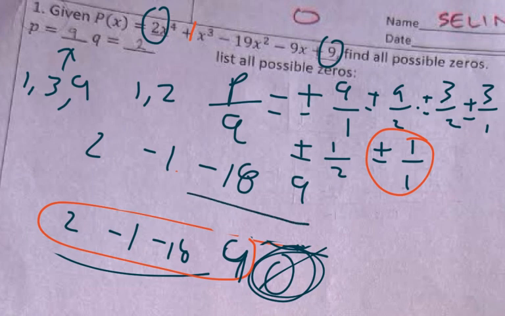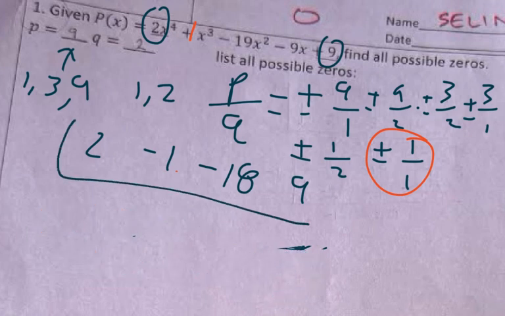Okay, so now let me just set it up here. So now we already know that negative 1 is a root. Now, because the power is 4, there should be 3 more, total of 4 roots, right? So what should we try next? Should we try 3? Let's see how 3 works.